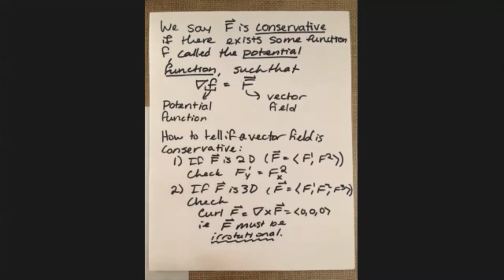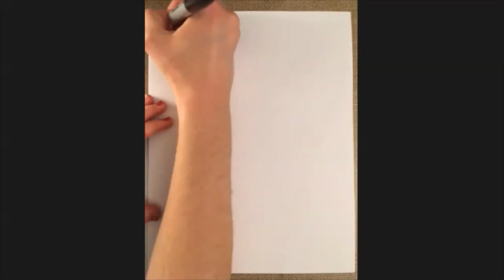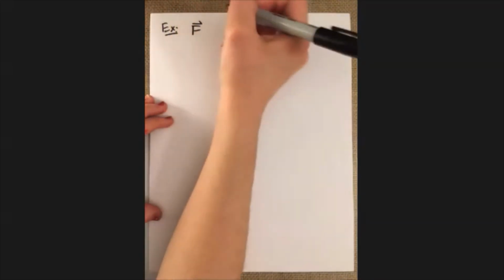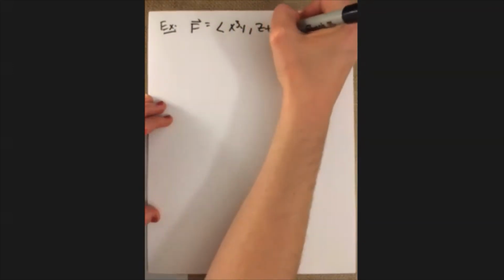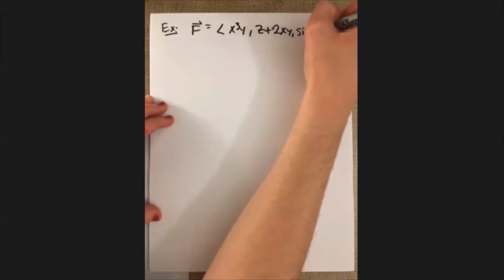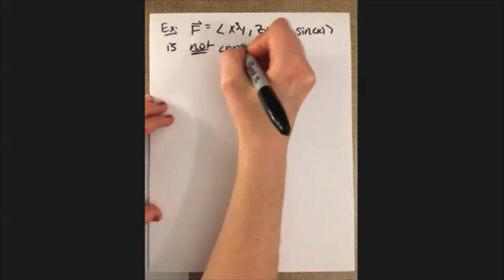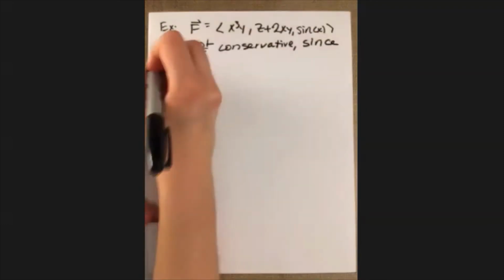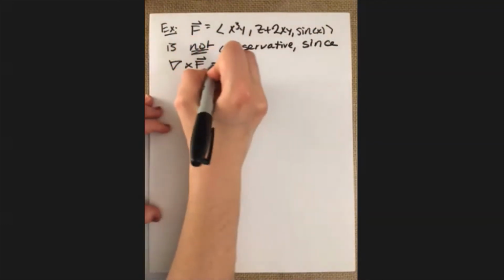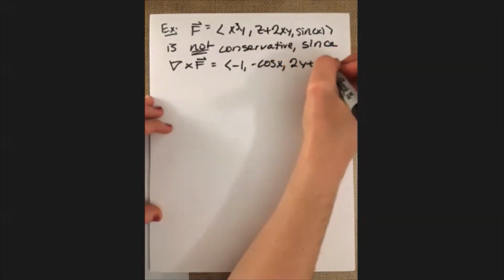Let's look at an example of this. If I look at our first one, f equal to x cubed y, z plus 2xy, and then sine of x, this is not conservative, since we found earlier that the curl was equal to negative 1, negative cosine of x, and then 2y minus x cubed, I think.